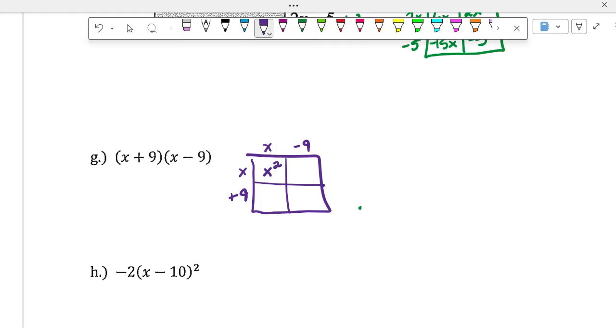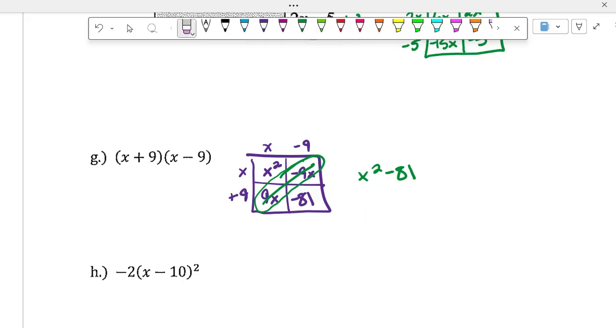Squared. Negative 9 times x? Negative 9x. 9 times x? Negative 9 times positive 9. Negative 81. Now, here's my question. When I pull everything out and combine like terms, what's going to happen to the x's? They're going to cancel out and get 0. So this is actually x squared minus 81.